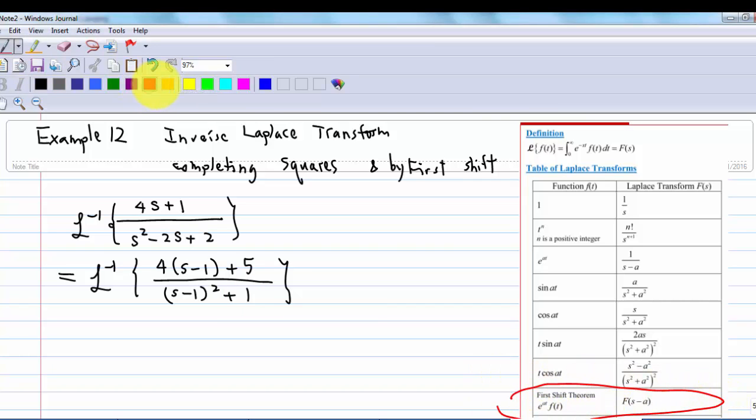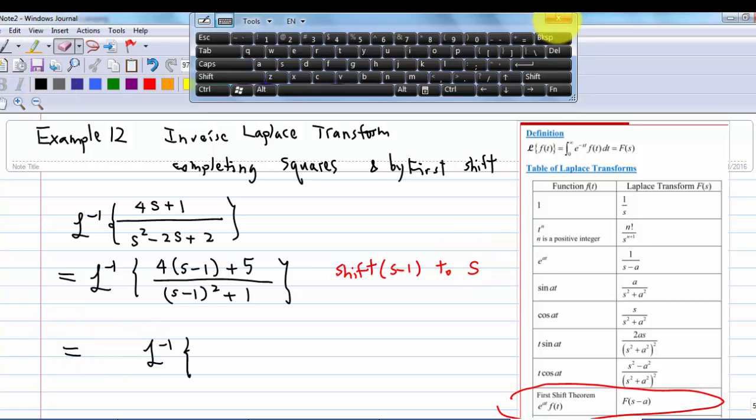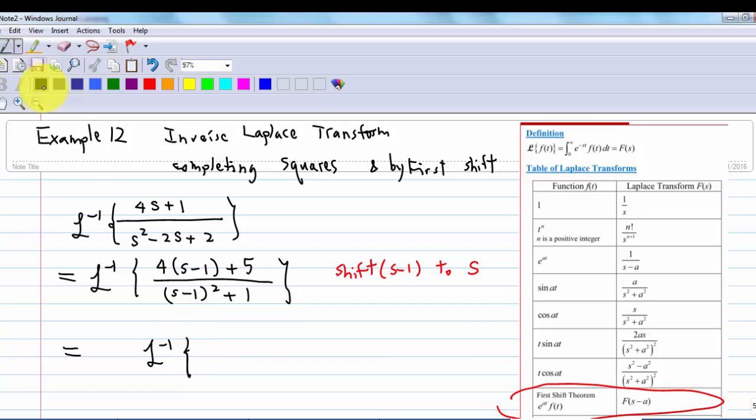So, what I'm going to do now is shift s minus 1 to s. All the s minus 1 is replaced by s. So, this will become the inverse Laplace transform of 4s plus 5 over s squared plus 1.